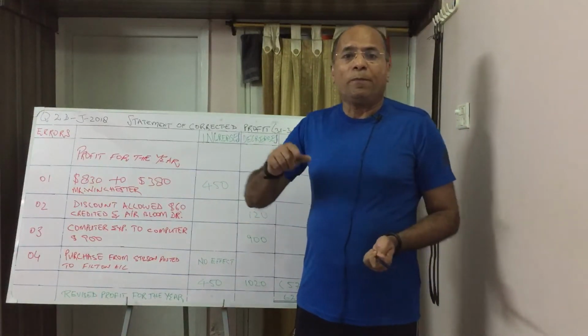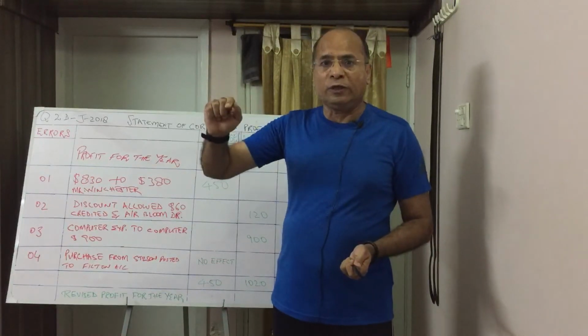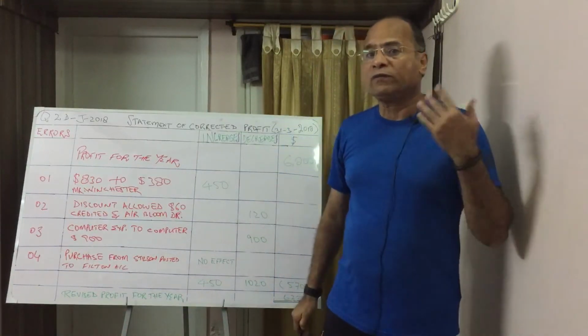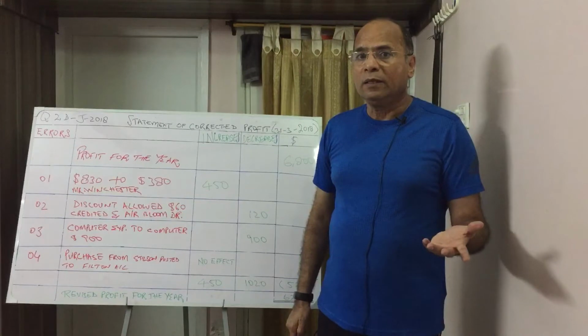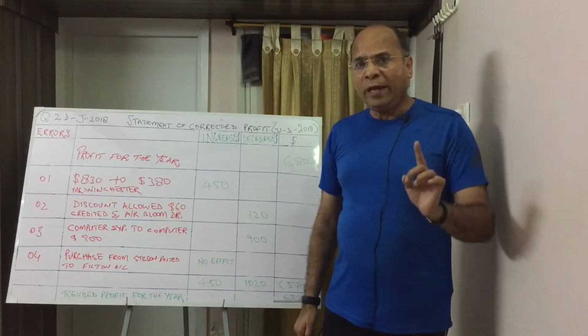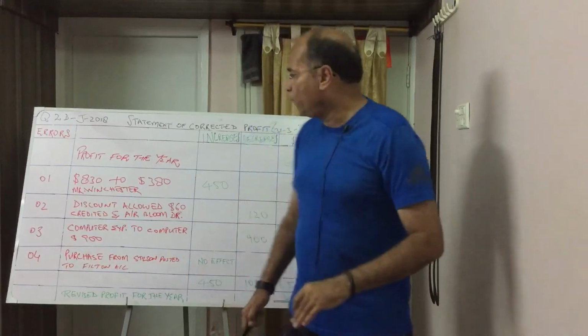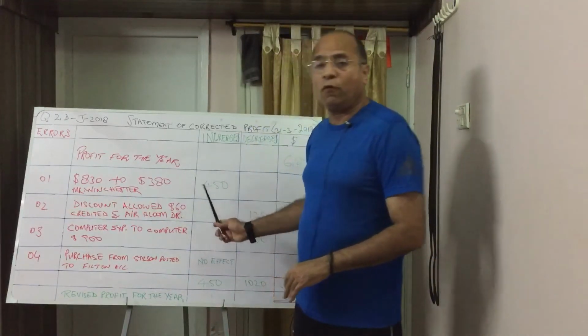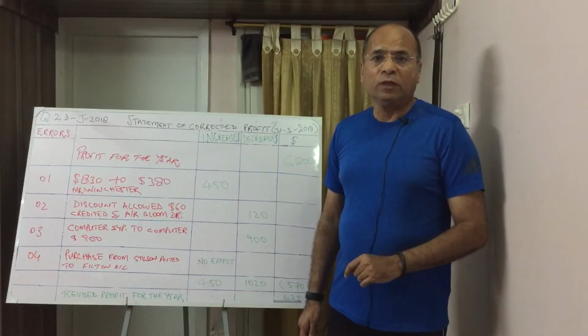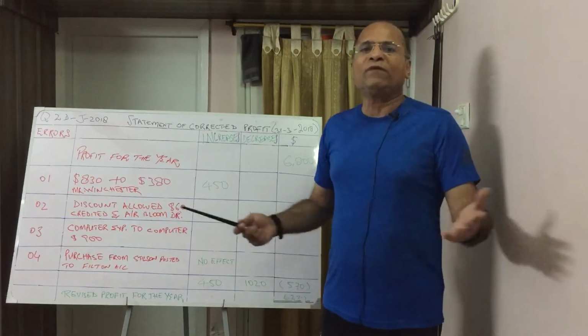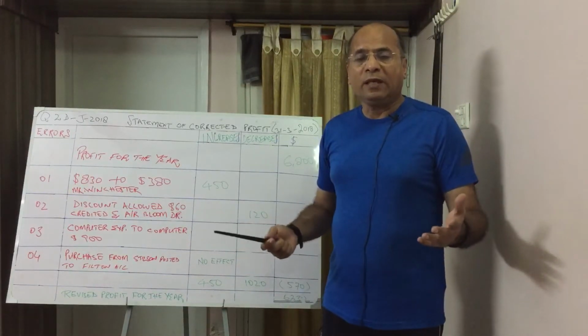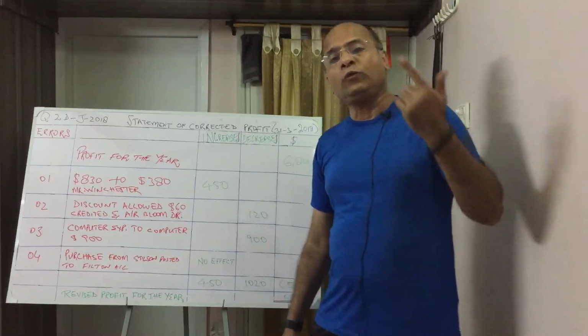Otherwise, with the help of markup or margin, I can find out the cost of sales as well. You understand? As well as he did not give me any cost of sales figure for this difference of 450 in the question. So what I am supposed to do? I am supposed to leave that. Otherwise, I was supposed to account for that as well.